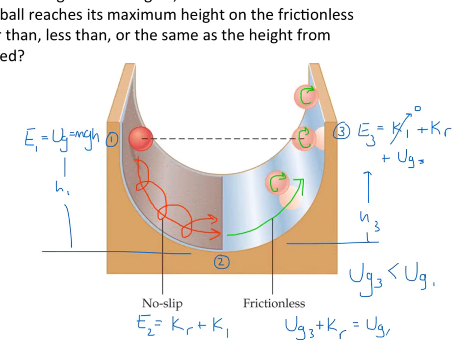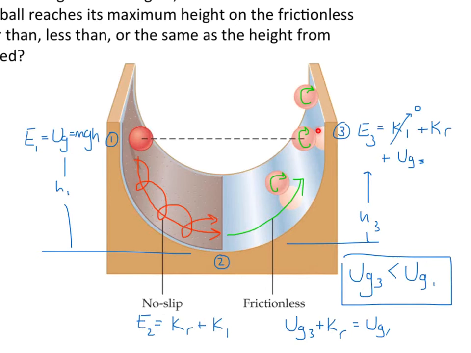And if we're solving for the potential energy due to gravity at 3, we're going to have to subtract this K rotational over, and that means that height 3 is going to have to be less than height 1. So 3 is going to have a lesser height than 1 because part of that energy that it originally had that was potential is still wrapped up in rotational kinetic energy because we have this frictionless surface right here.